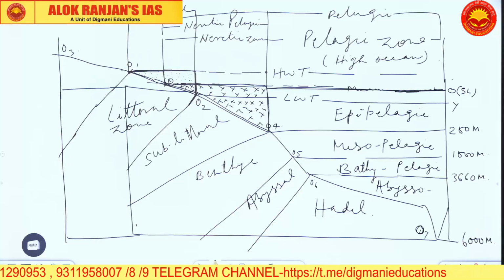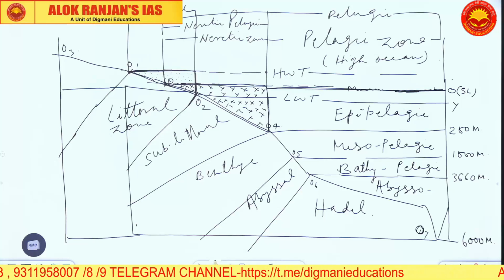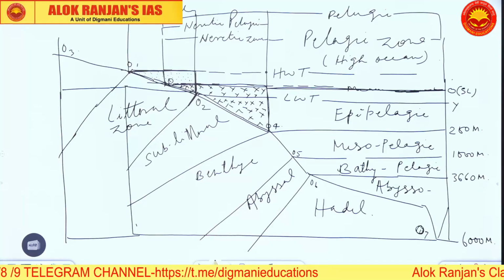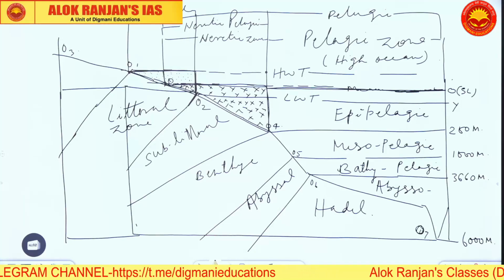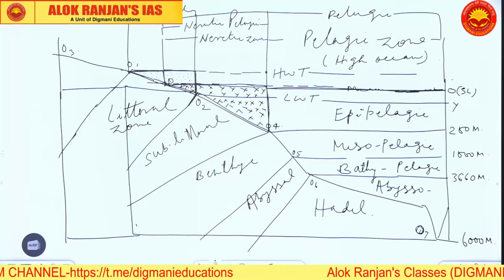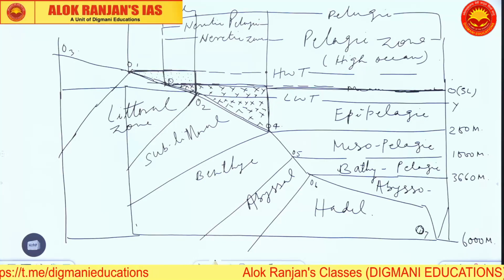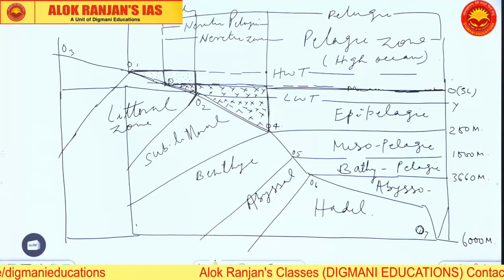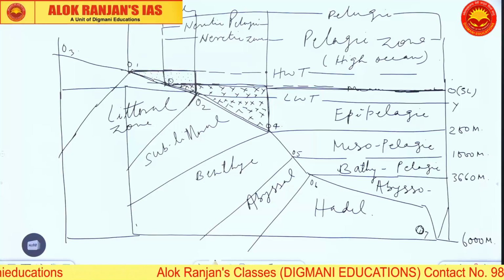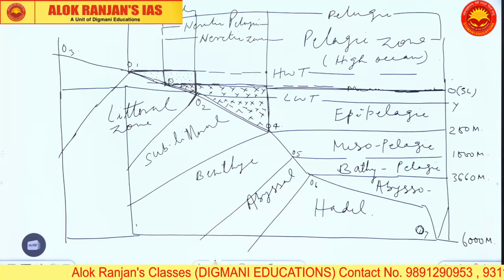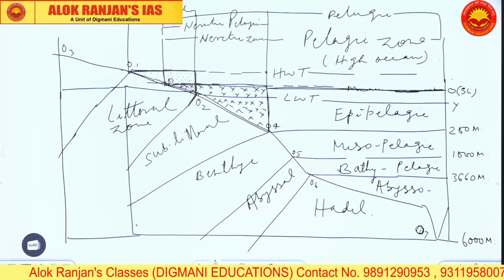In this classification you will write first littoral zone, then neritic zone, then pelagic zone, and then pelagic zone will be further classified into epipelagic, mesopelagic, bathypelagic and abyssopelagic.